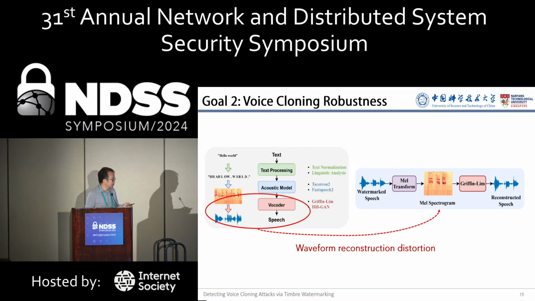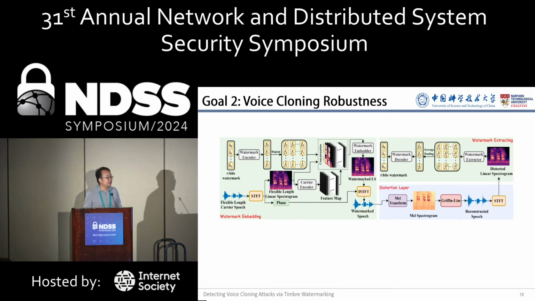Then we connect this distortion layer between the embedding and extraction processes to train all those components, to make sure they are aware of the distortion layer and able to overcome the possible distortions from the vocoder. This is our solution to address the second requirement.